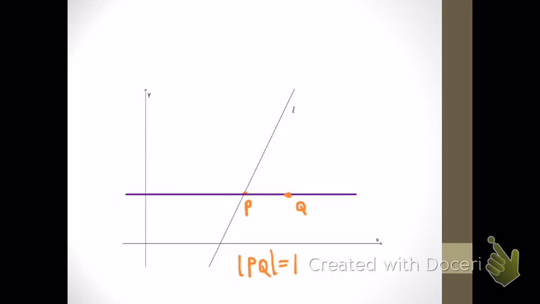And then I'll put a vertical line through Q and up to my line. Let's see if I can do that here. I want it to actually go through Q. All right, that's pretty good.